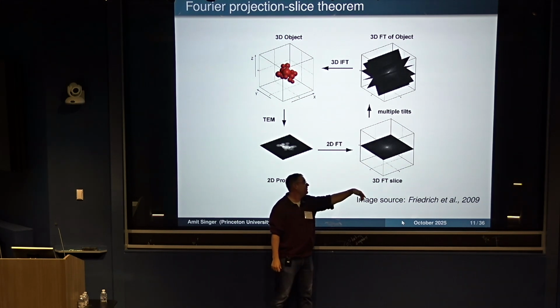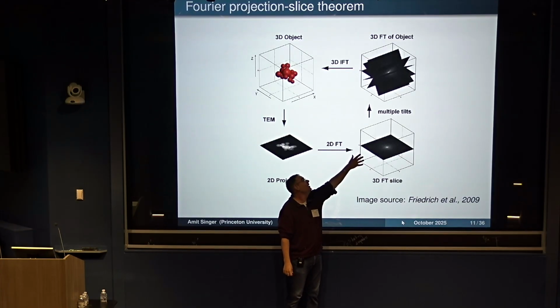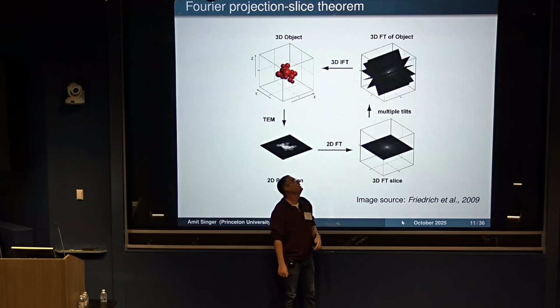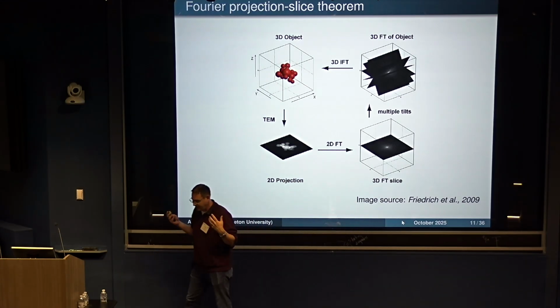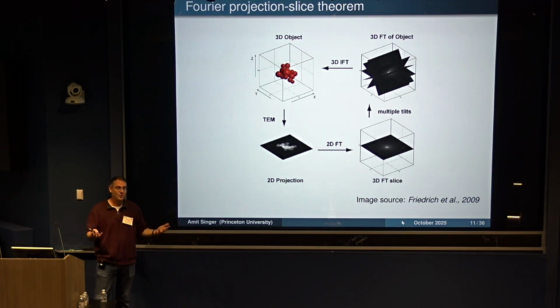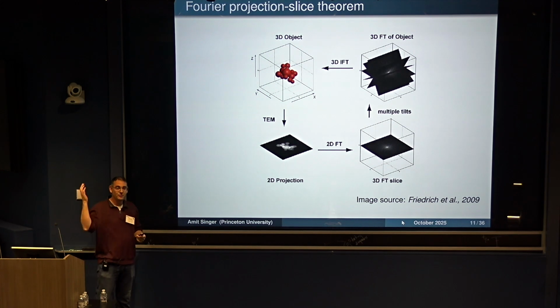It turns out that the values of the 2D Fourier transform of a 2D projection image are nothing but the restriction of the 3D Fourier transform to a planar slice, in the Fourier space or the reciprocal space, that goes through the origin. That's a very important notion that plays a very important role, say, in medical imaging, because in medical imaging, we know the viewing directions.